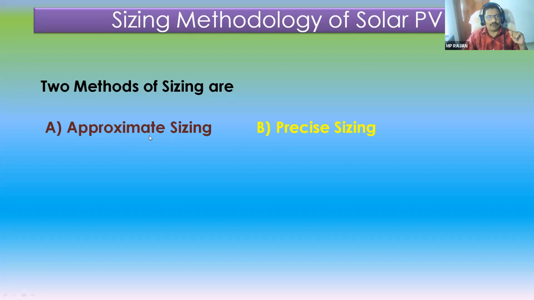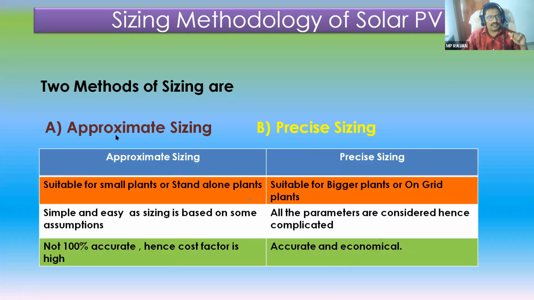What is the difference, why do we want approximate sizing and precise sizing? Okay, we'll see the comparison. This approximate sizing is suitable for small plants or standalone plants. हमारा घर के लिए approximate sizing is suitable. Whereas for on-grid bigger plants, more than 100 kilowatt plants, we have to go for the precise sizing.